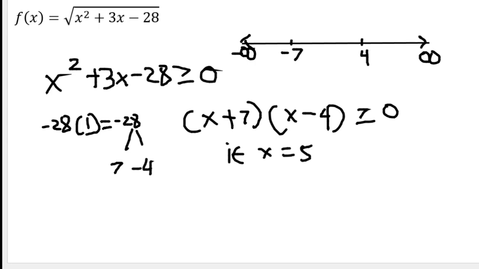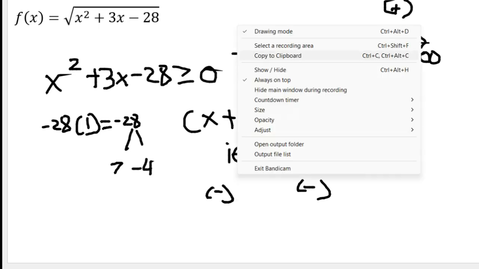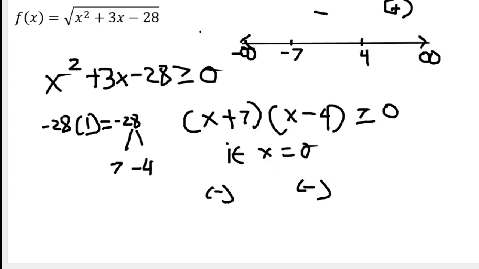Now we're just going to plug in points which are greater than 4. So if we plug in points that are greater than 4 into x, we get a positive on that region. Now, let's pick a number between negative 7 and 4. Let's pick 0 and we have a negative.